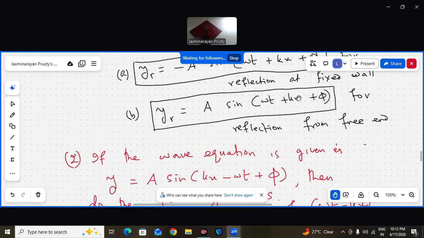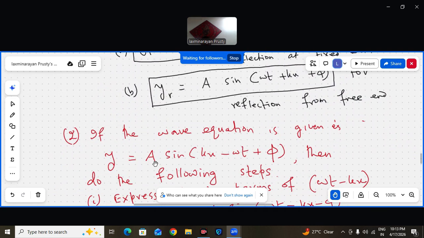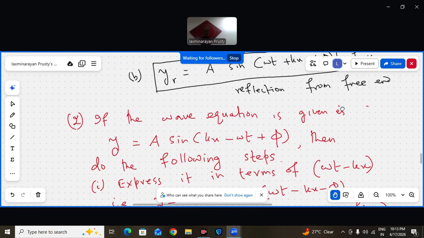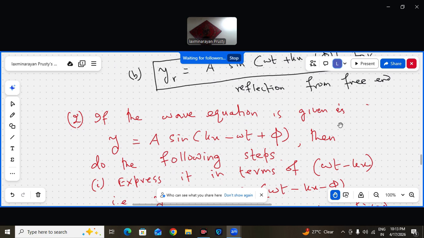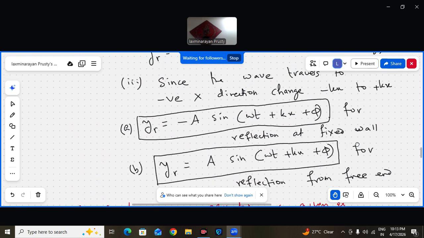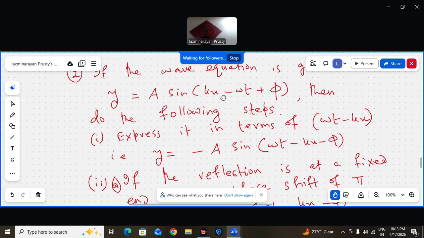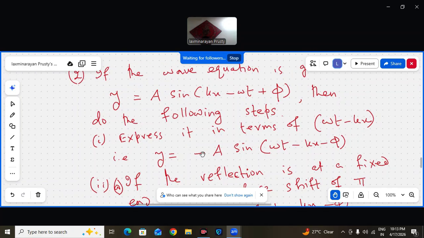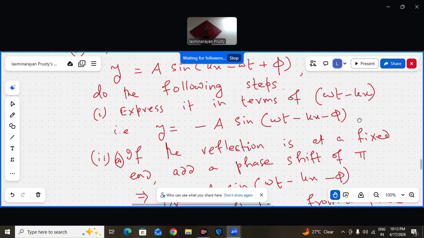Now second, if the wave is given by y = a sin(kx - ωt + φ) form, better we convert it to ωt minus kx form and follow these things. To convert it to ωt minus kx, what should I do? I take the minus sign out. So y = minus a sin(ωt - kx - φ).